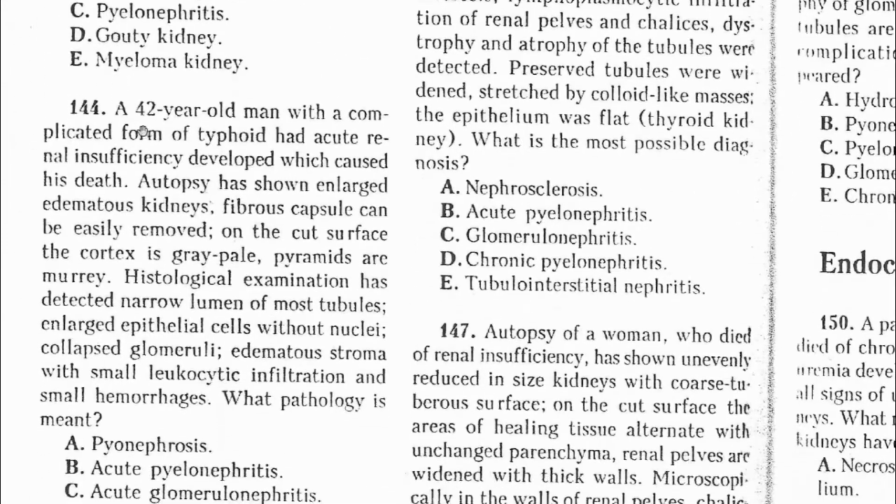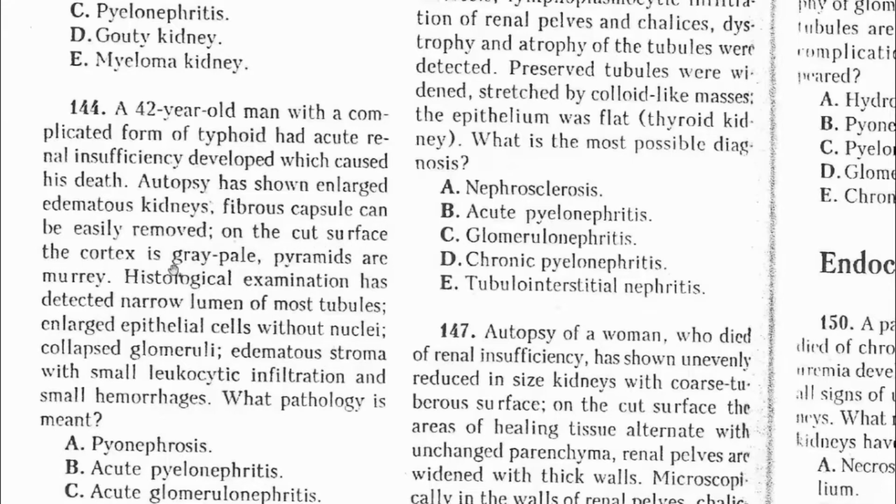44. A 42-year-old man with a complicated form of typhoid had acute renal insufficiency developed which caused his death. Autopsy has shown enlarged erythematosus kidney. Fibrous capsule can be easily removed.